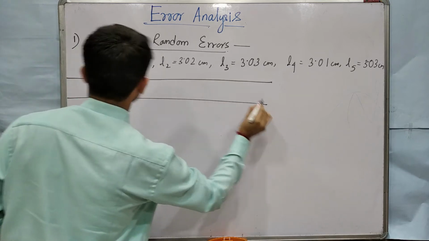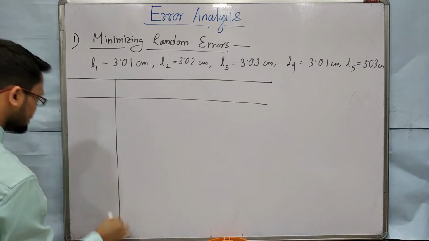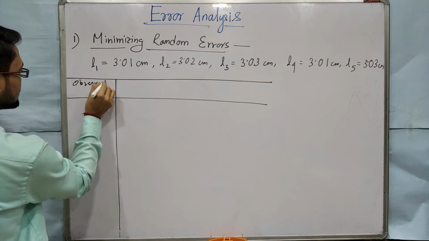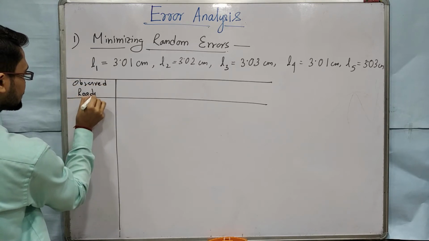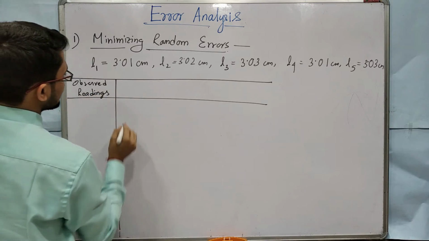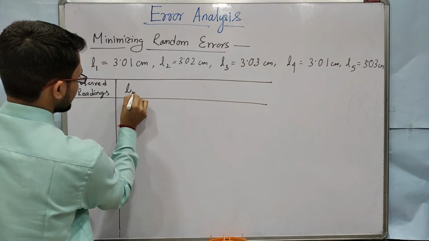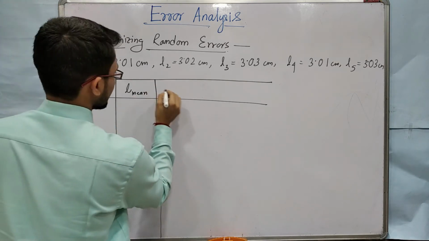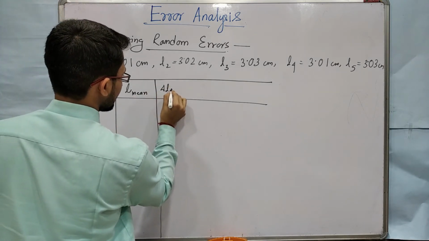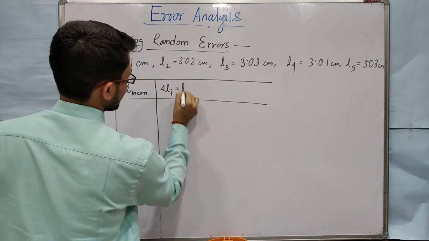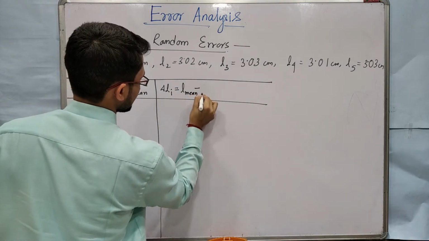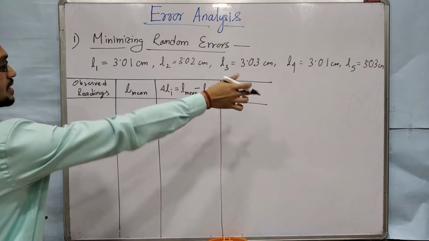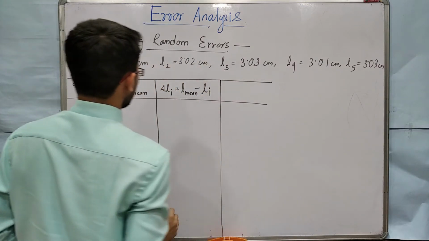So first is observed readings, then L mean, then delta Li, that means L mean minus Li. I are 1, 2, 3, 4, 5. There are 5 readings, so I equal to 1, 2, 3, 4, 5.